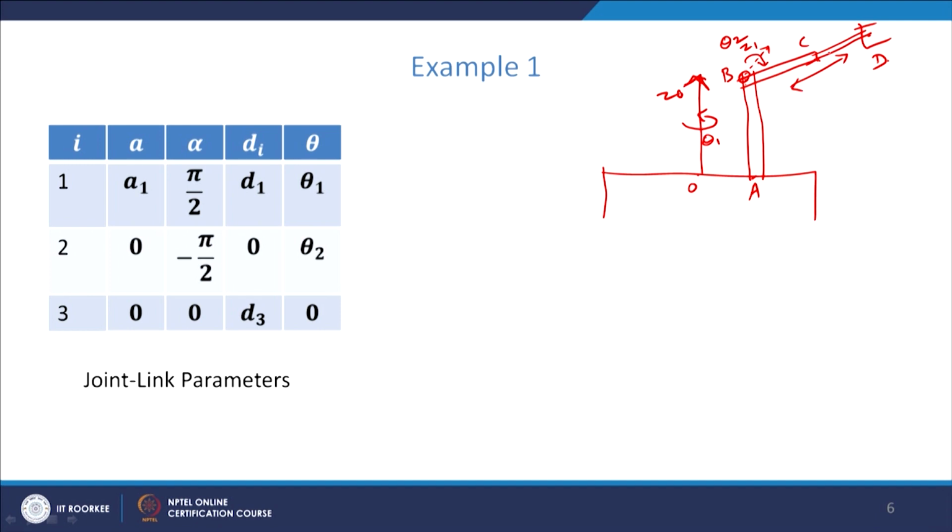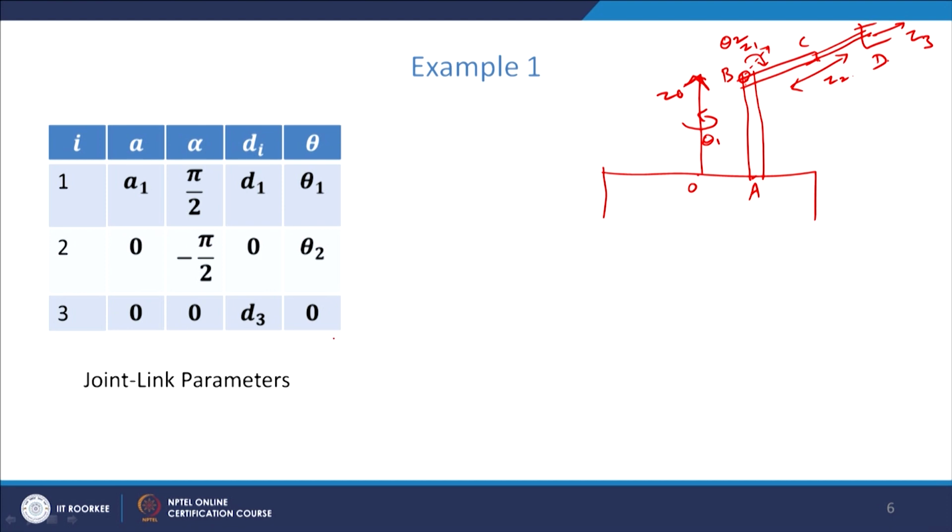So, we call that direction as Z2 direction. Then at the end effector we have the approach direction, that is Z3 direction. So, now using the DH procedure we can fix the coordinate frames and then find the parameters of the robot manipulator as given in this table.